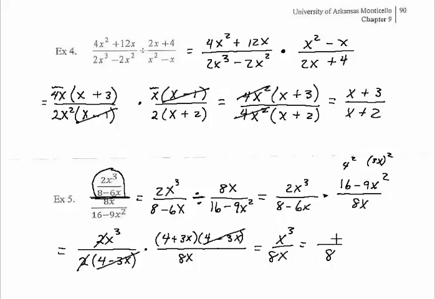And for the x's, we'll apply the quotient rule, and we'll keep the x to the third on the top because it has the larger exponent, and we will subtract the 1 from the x on the bottom from the 3, and in the end we end up with an x squared over an 8.